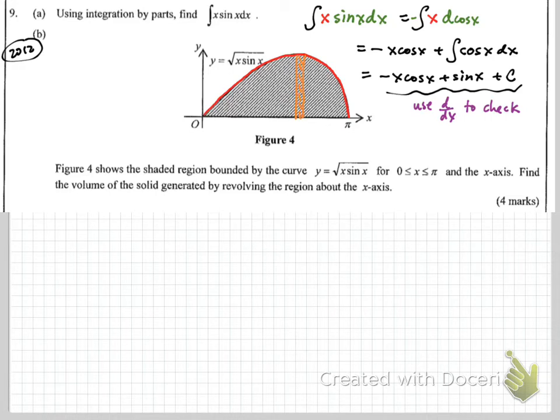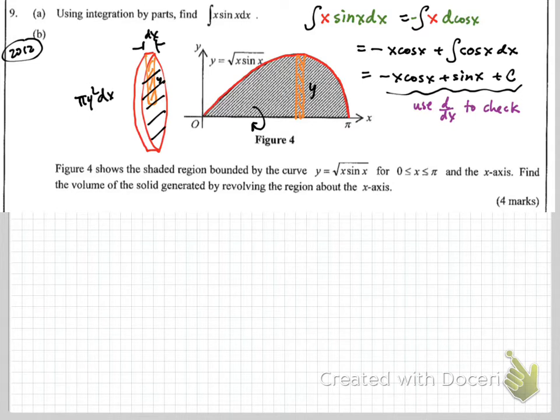That is the element. If you revolve about the x-axis, you will have a disk. The volume of each disk is, first of all, the cross-section area, pi y squared, where y is the radius. And then the thickness will be dx.